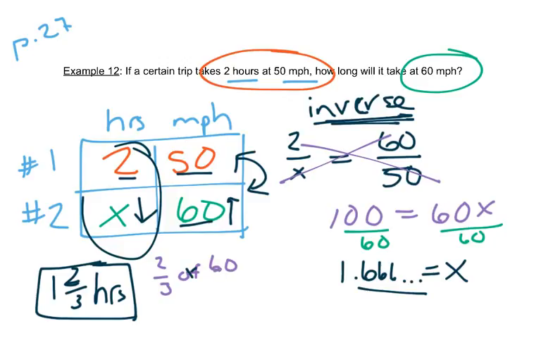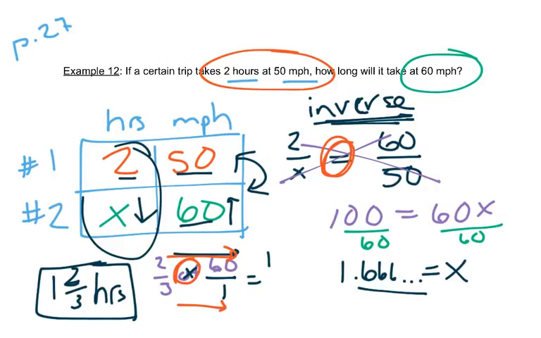Remember, the "of" means multiply, so we'll change that to a fraction. And when we multiply fractions, we multiply straight across. If there's an equal sign between them, we multiply diagonally, or cross multiply. But if there's a multiplication sign between them, then we just go straight across.